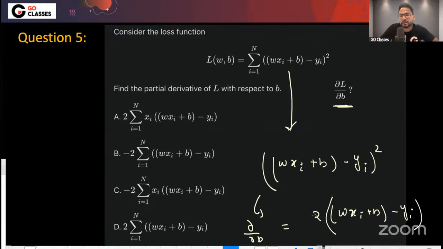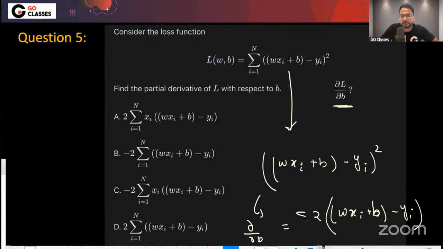This square is here, and then you need to differentiate with respect to b also. The xi term becomes 0, and the b term is anyway 1, so there is nothing more you will be multiplying.